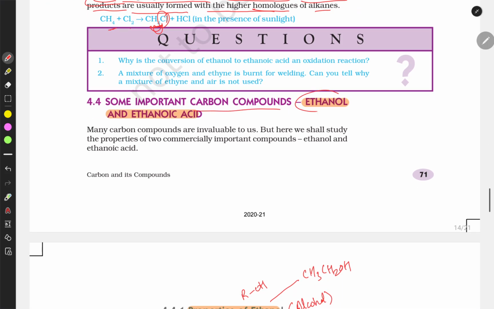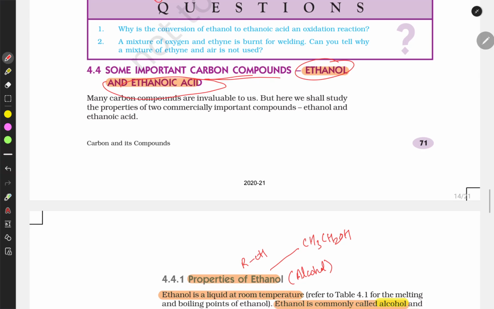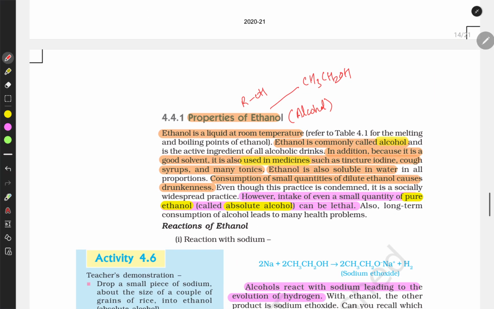Some other compounds are ethanol and ethanoic acid of carbon. Properties of ethanol: ethanol has the formula ROH, where R means a carbon chain and OH is the functional group. This is ethanol, an alcohol. What are the properties? Ethanol is a liquid at room temperature. Ethanol is commonly known as alcohol.